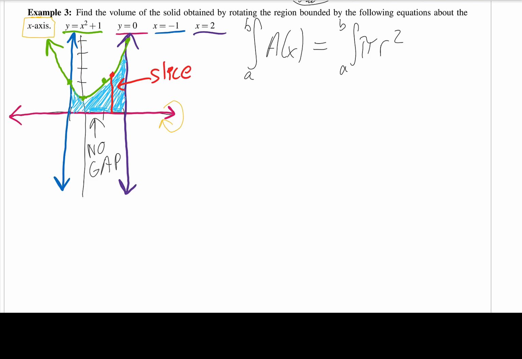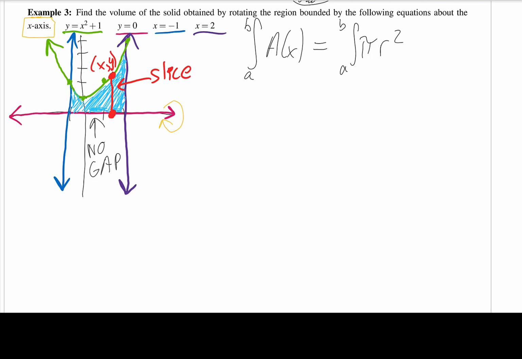So let's say that this point right here is something x comma y. Then the length of this is going to be y minus 0. The reason for that is because it's just going to be the difference of y values from this red dot to this red dot.